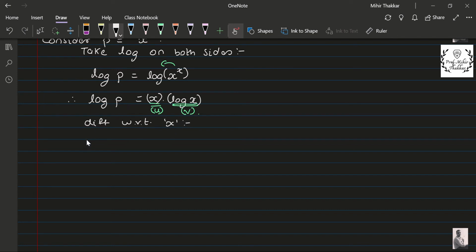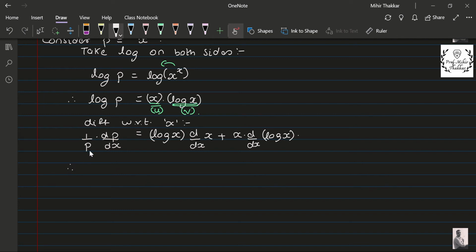Log p, it is 1 upon p into dp by dx. And here we will apply the multiplication rule. So I am sure everybody now is very confident about the rule. v into derivative of u, so log x into derivative of x, plus u into derivative of v, so x into derivative of log x.